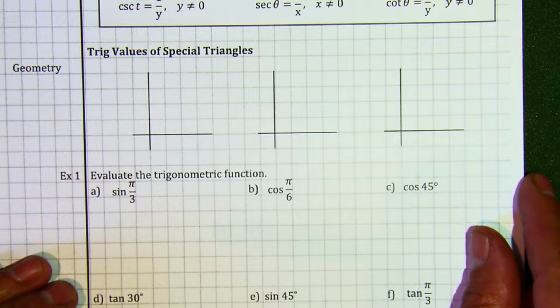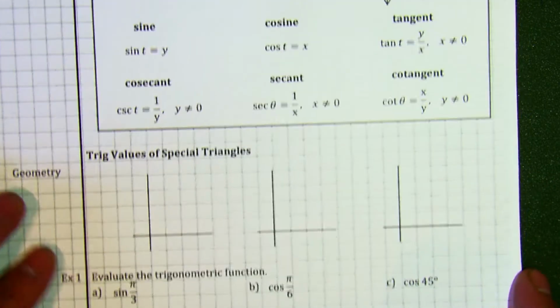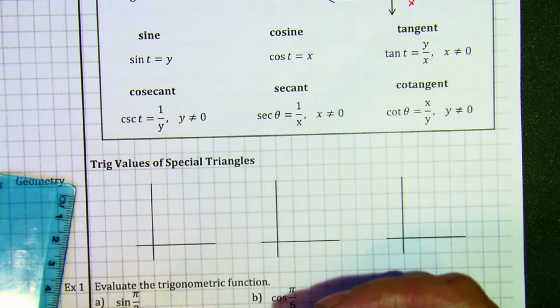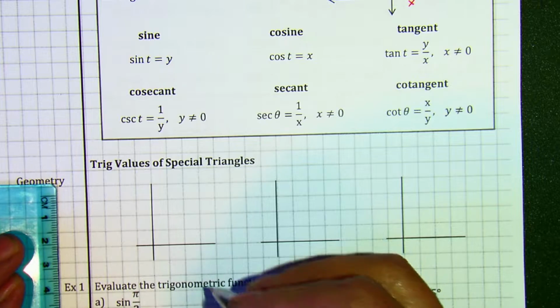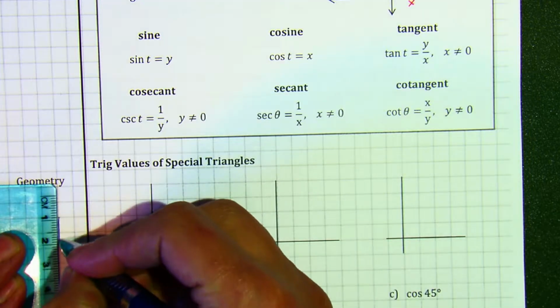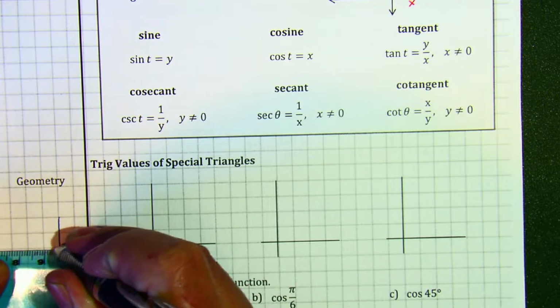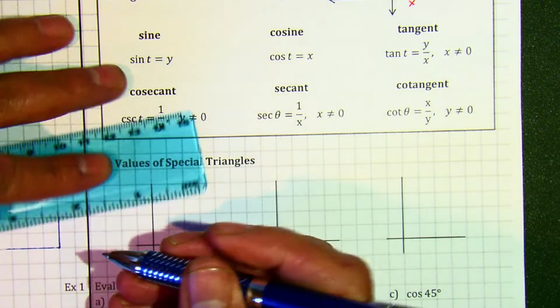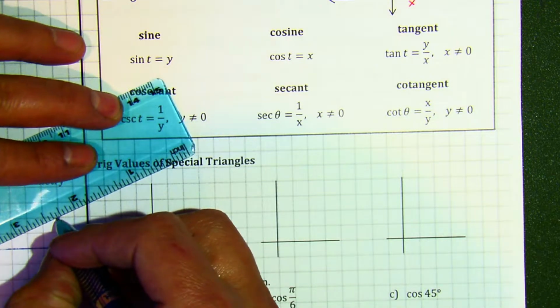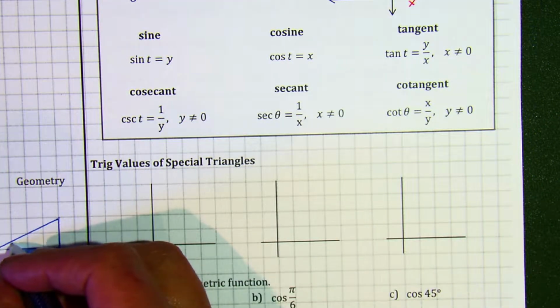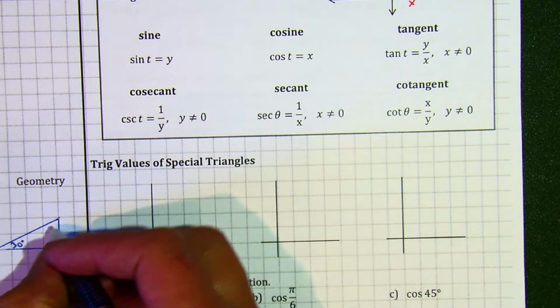Now, trigonometric values of special triangles. Back in geometry, you learned 2 special triangles. If you remember this from geometry, if we have a right triangle and you learn your 30, 60, 90 degree angle, where this was 60, this is 30, your smaller angle.